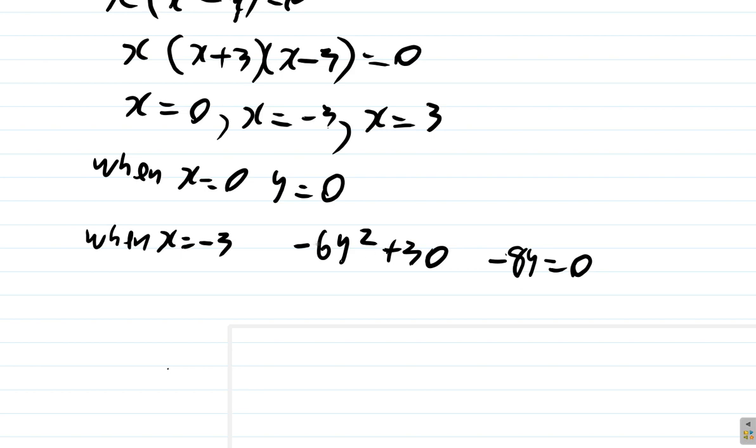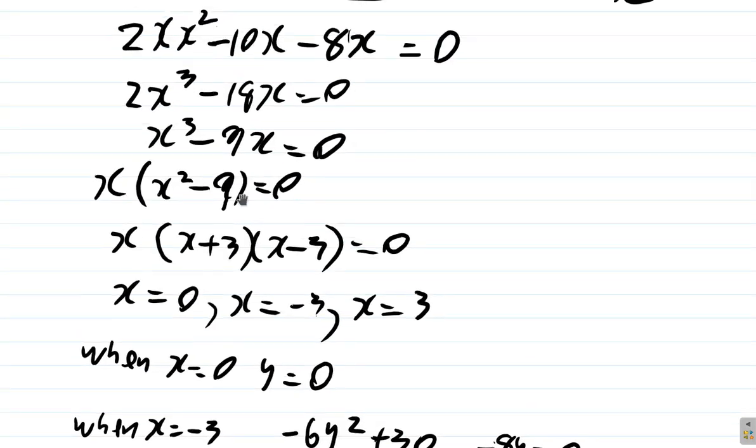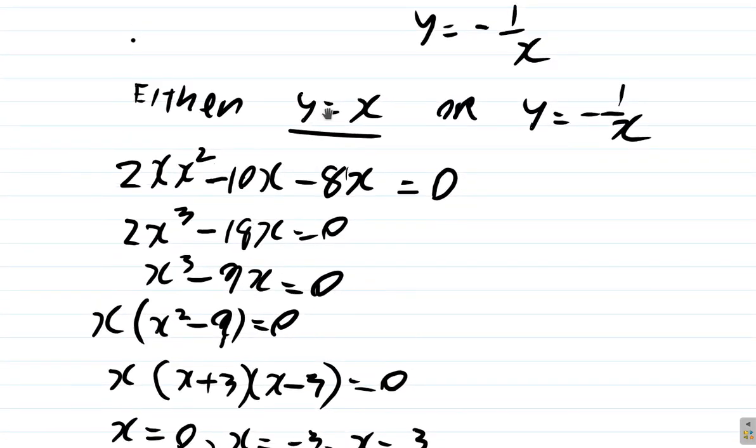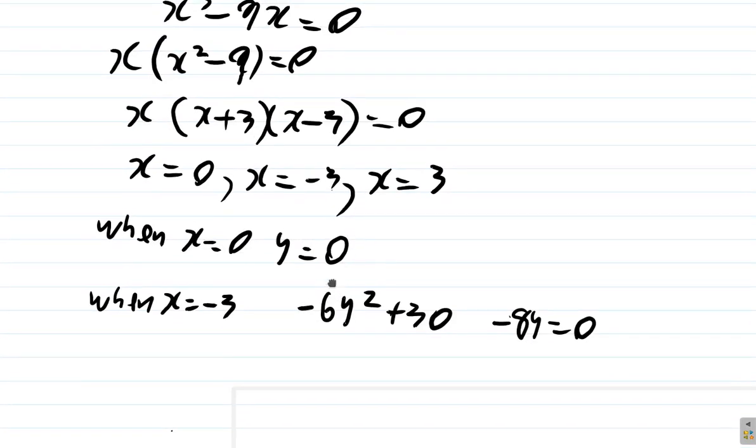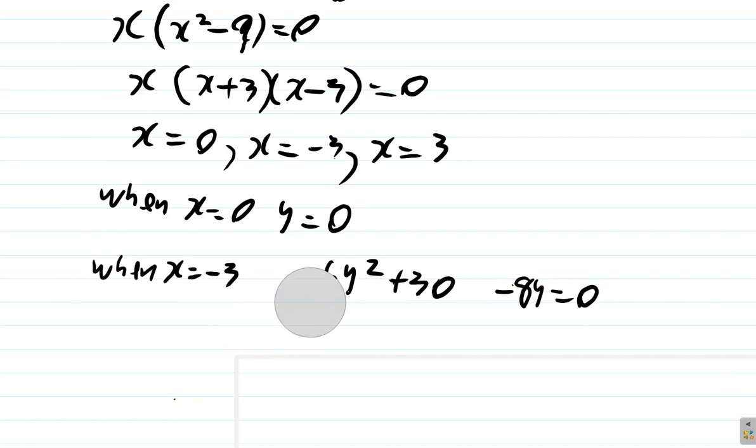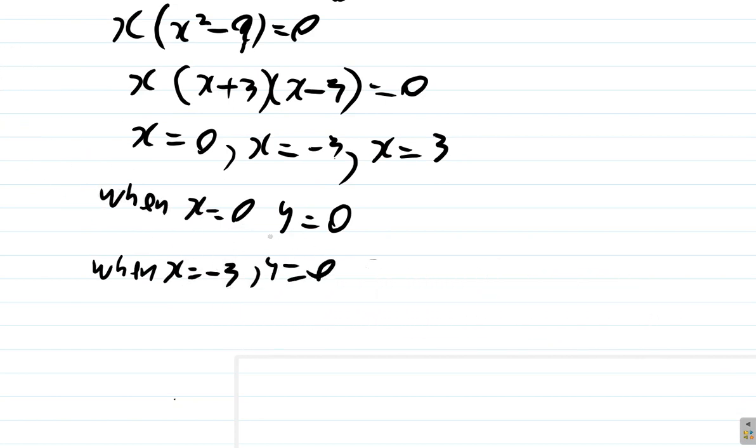Now, oh, hold on. Mistake. I'm using y equal x. So when x is 0, y is 0. When x is negative 3, y is negative 3. And when x is 3, y is 3.